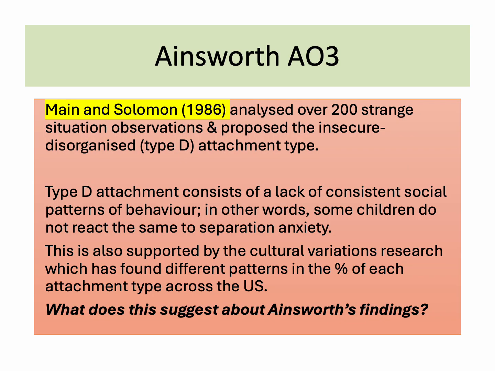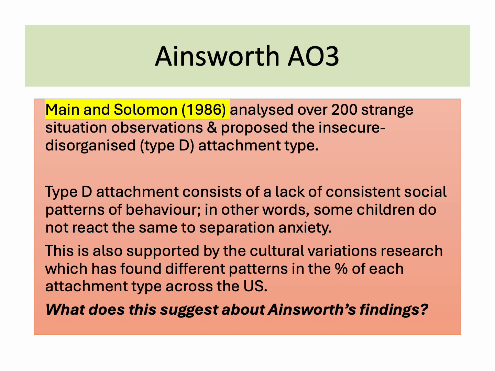Here's a piece of research. Have a little read and see what this would suggest about Ainsworth's findings in terms of there being a secure, insecure avoidant and insecure resistant attachment type. In 5 seconds I'll go through the answers. Okay, so this suggests that Ainsworth has been simplistic.